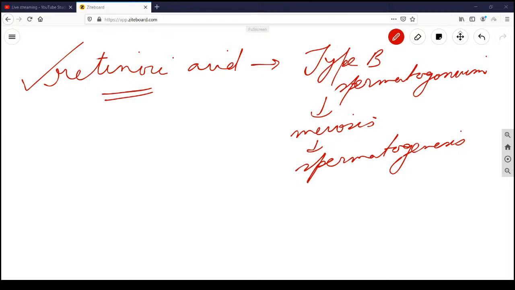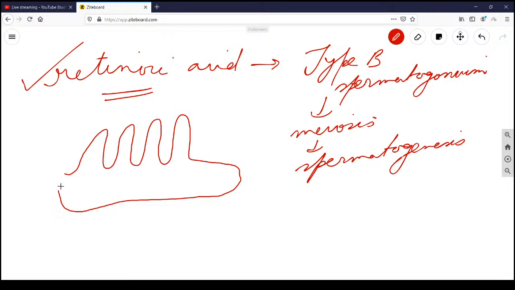The interlocking processes of these Sertoli cells emanate through cytoplasmic extensions like cilia, you can call them microvilli-like processes of the cell membrane.